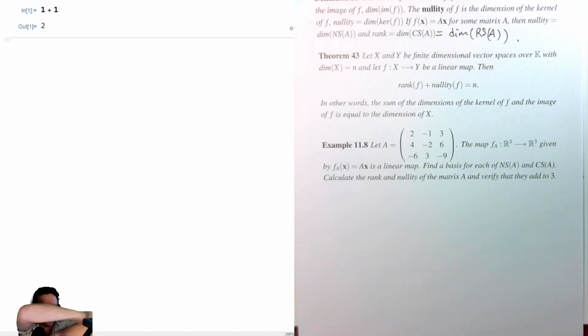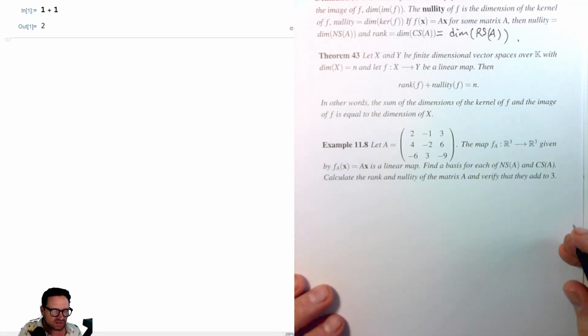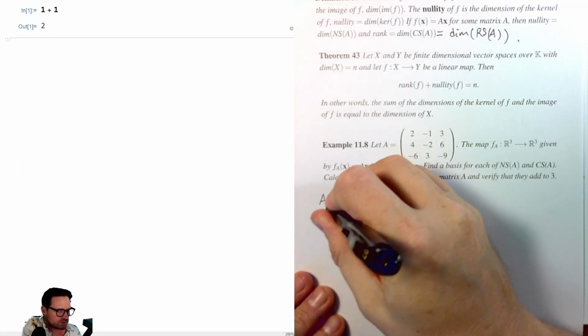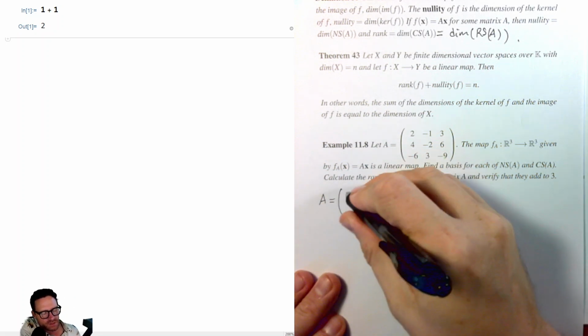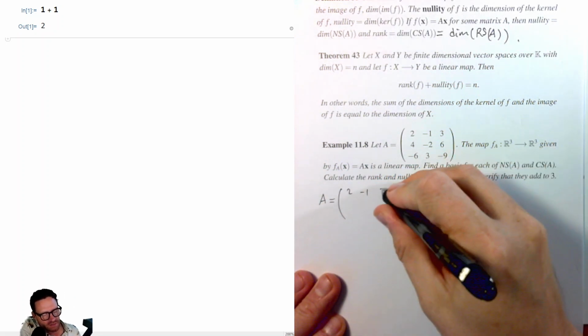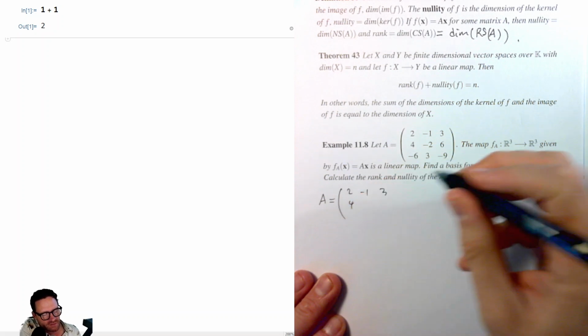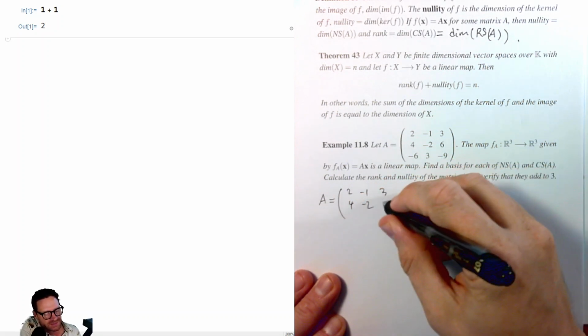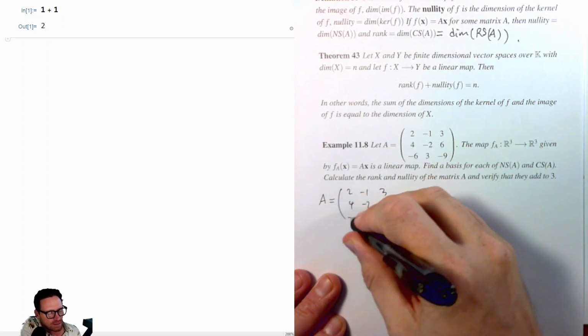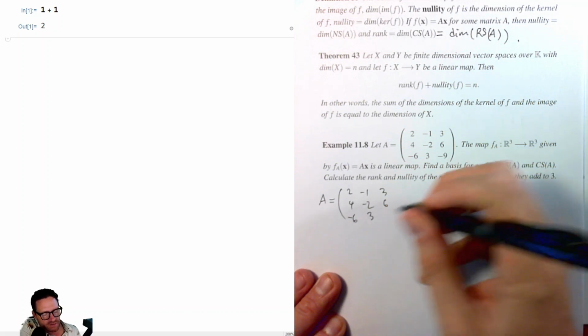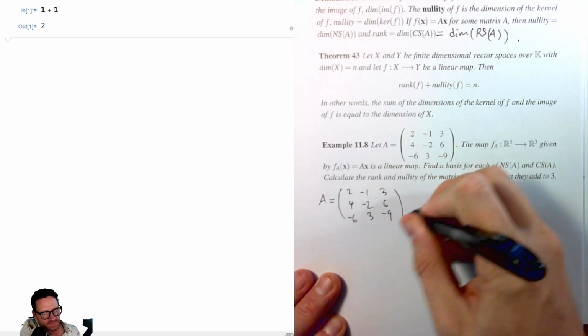So what we want to do here is row reduce this matrix. A is equal to 2, -1, 3; 4, -2, 6; -6, 3, -9.